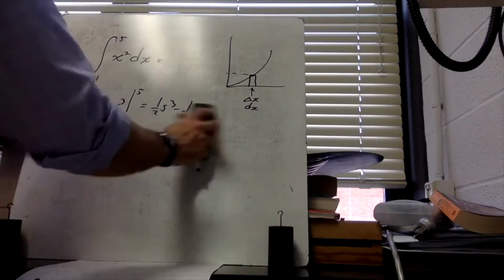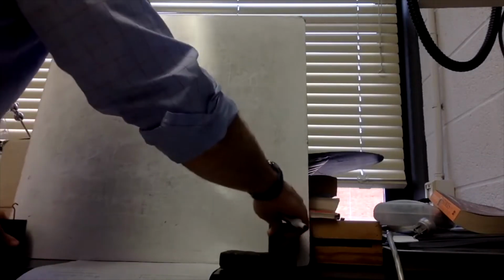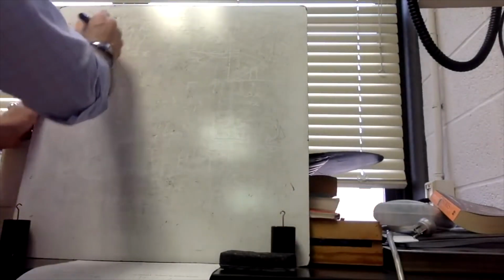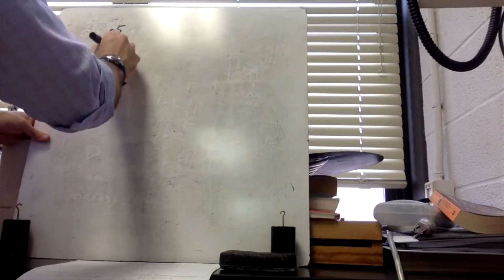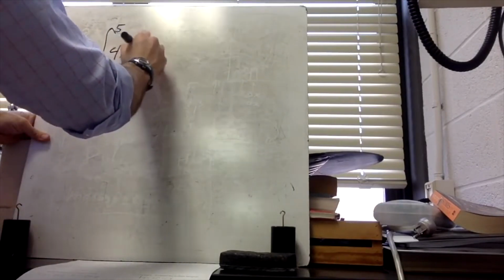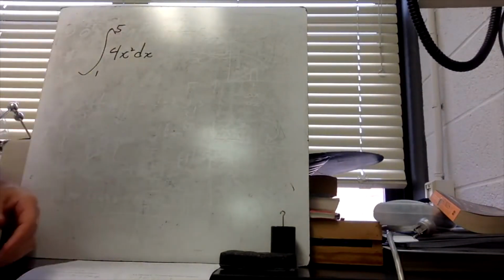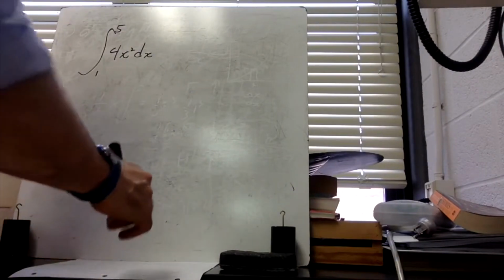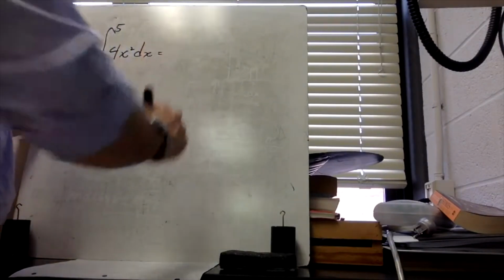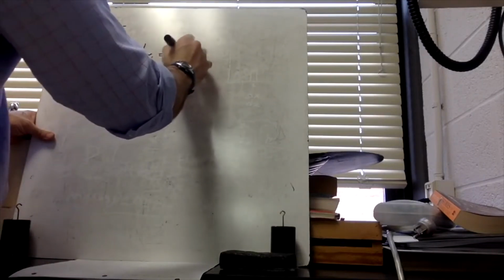Let's take a look at example 2. It's a little different. This is now taking the integral from 1 to 5 of 4x squared dx. So this now is going to become 4/3 x cubed, right?